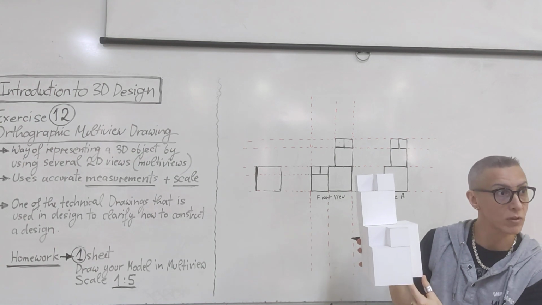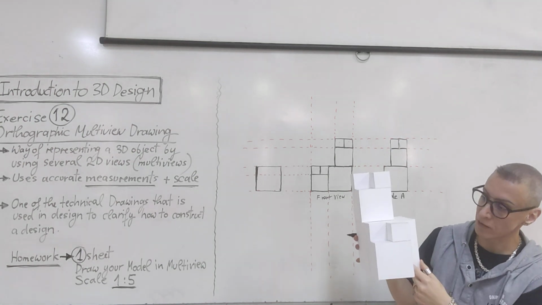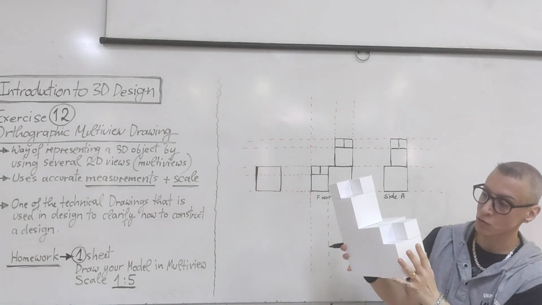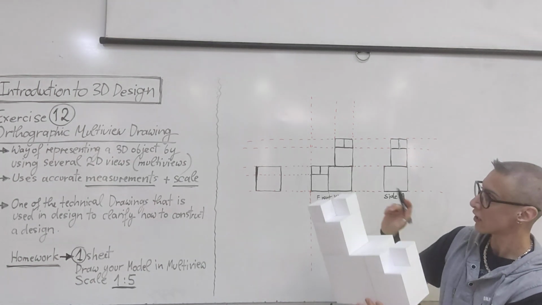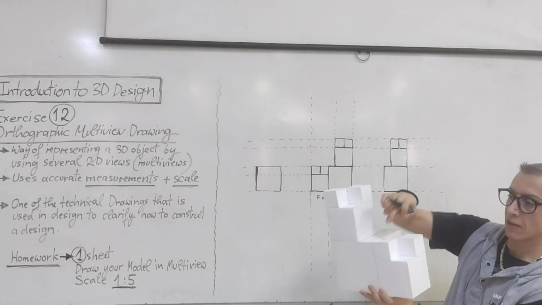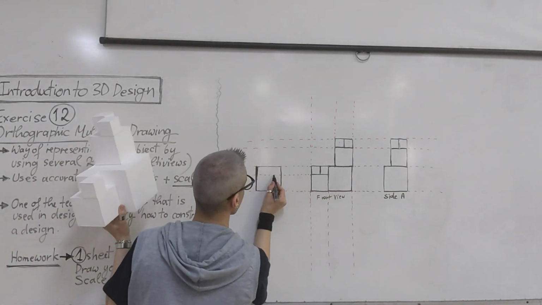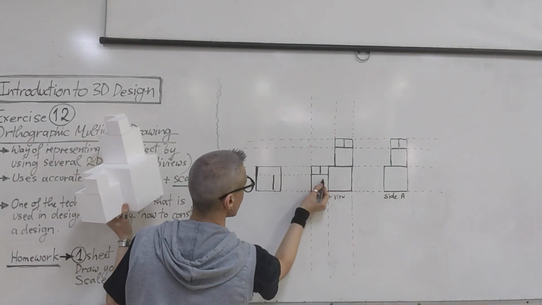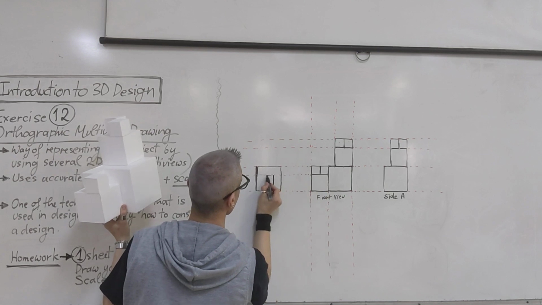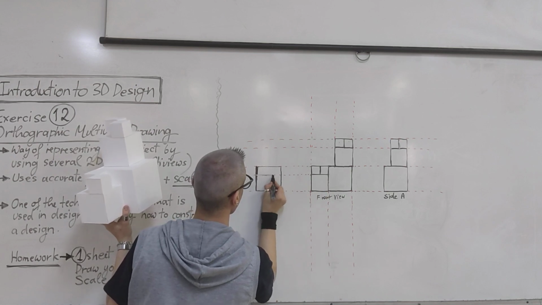We see part of it. So this part, the other part will be covered by this. Okay. This is, in any case, the big cube. Now we have here the 10 centimeter cube, which will be located. This is this cube, okay? 10 centimeter cube.